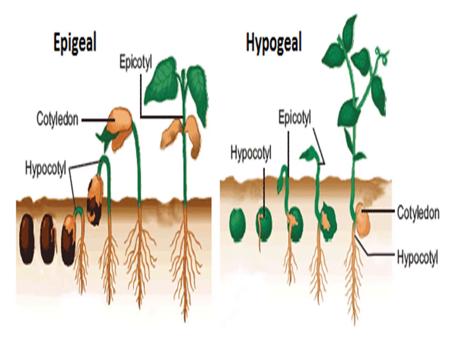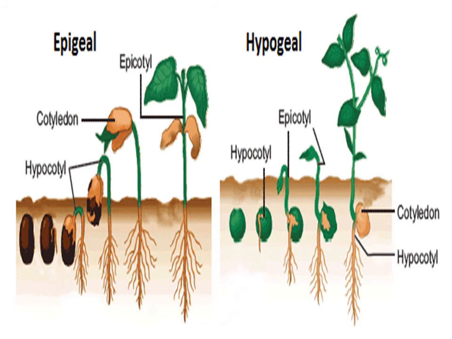Beans, cotton and papaya are examples of seeds that germinate in this way. And this is the second one, that is hypogeal germination. Hypo means down.